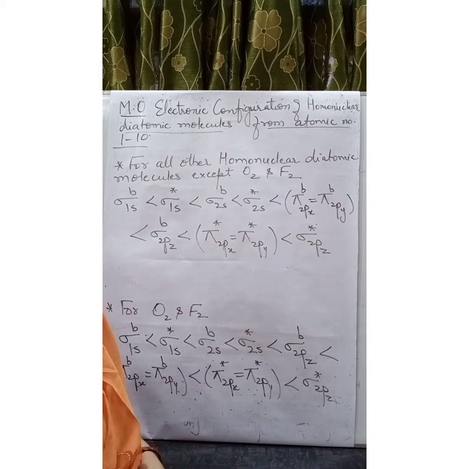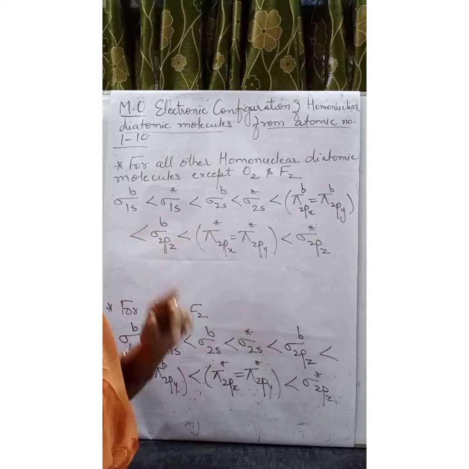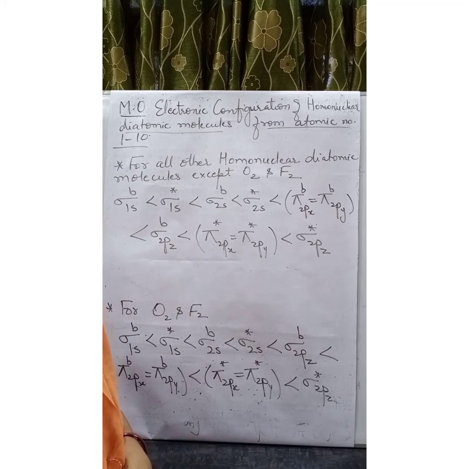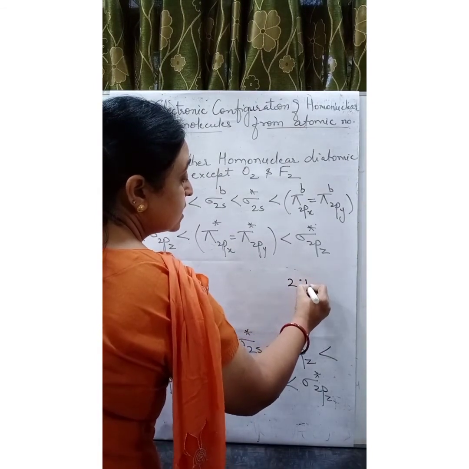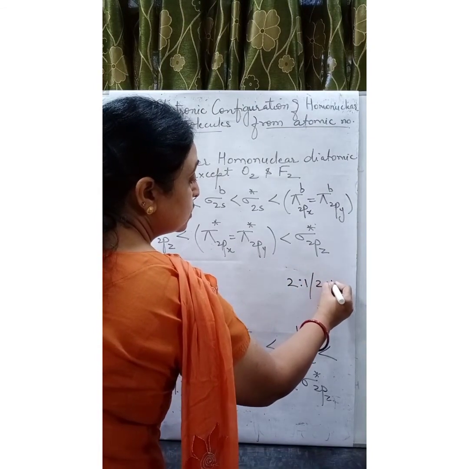Px and py overlap laterally to form a pi bond, whereas a sigma bond is formed by the axial overlap of 2pz orbitals. Now in this case, you have to follow one trick: 2:1 is to 2:1.